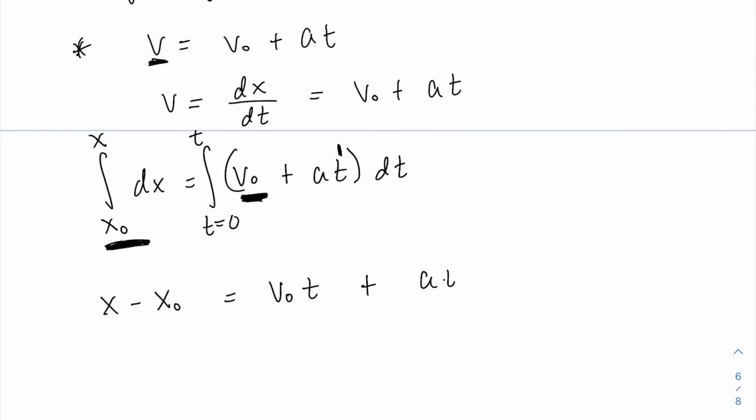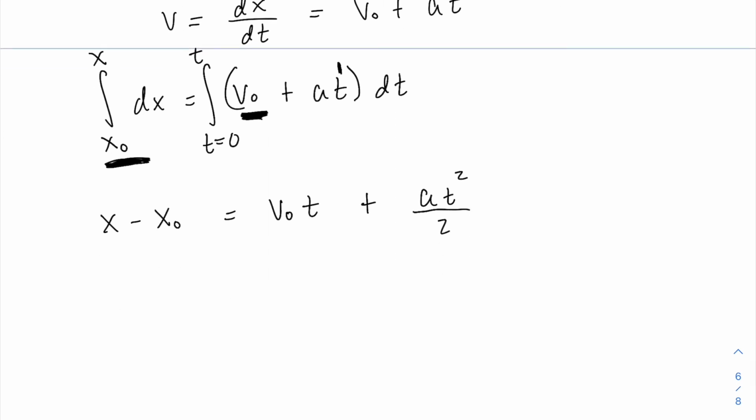So if we do that integral, it's going to be a times t, we add 1 to the exponent, so that's t squared, and then we divide by that new exponent. So divide by 2. And I can solve for x now and get x is equal to x naught plus v naught t plus, and I can rewrite this as 1/2 a t squared. So here's another kinematic equation.